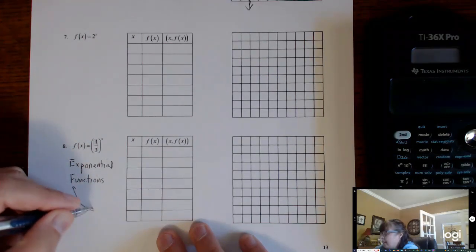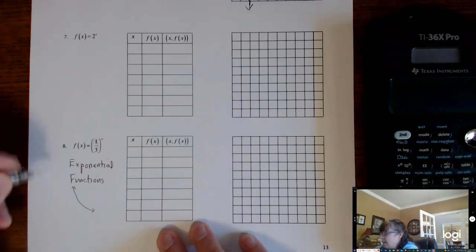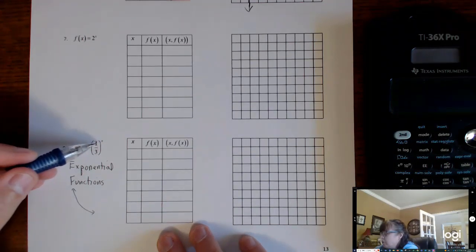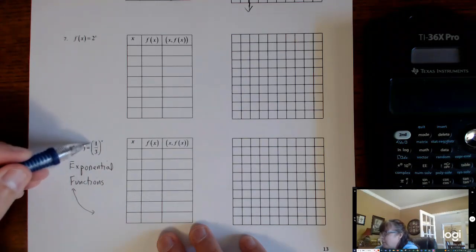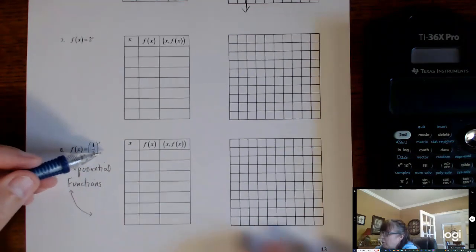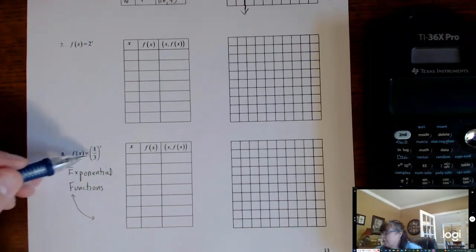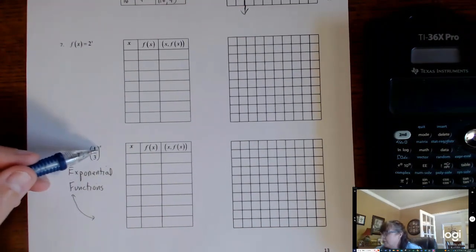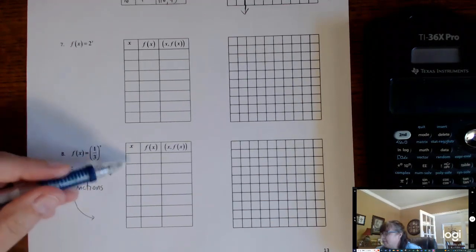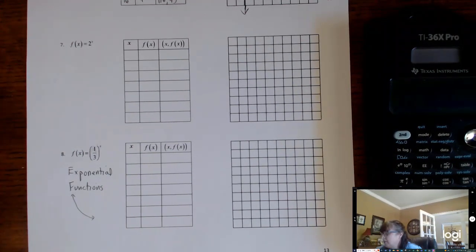You kind of have to know that. And this x value is the exponent, and if the exponent is negative, it's actually going to flip this. Also, there's no domain restriction on this, so I'm going to put negative and positive numbers here.